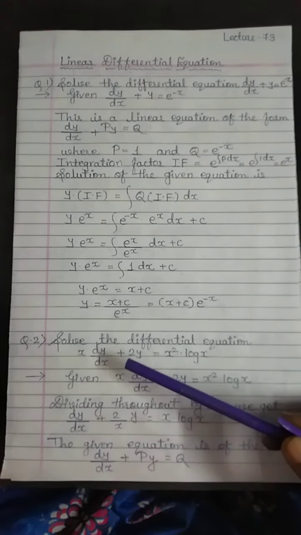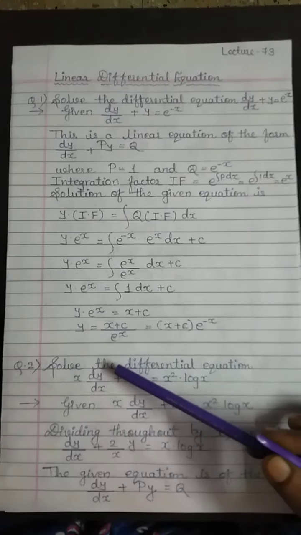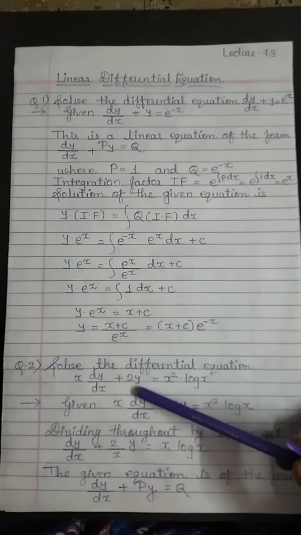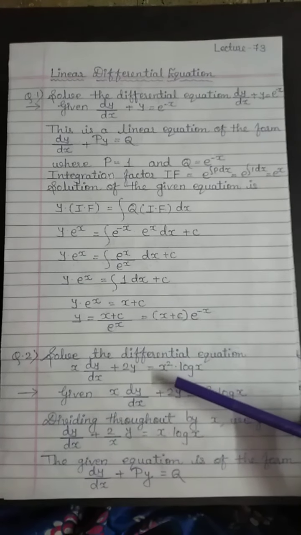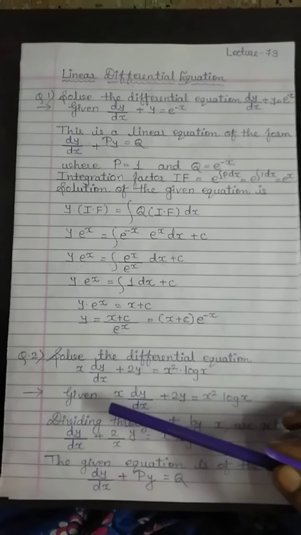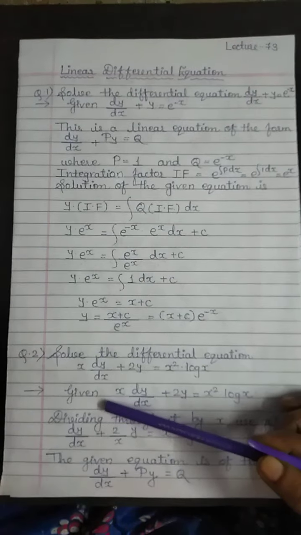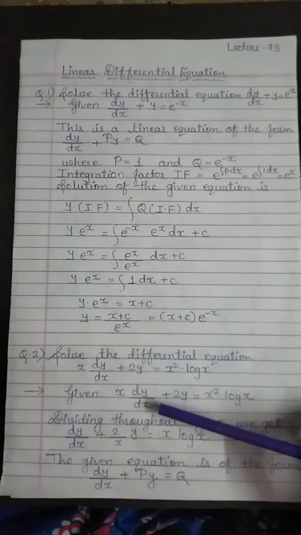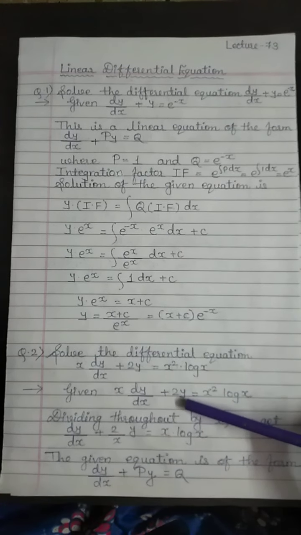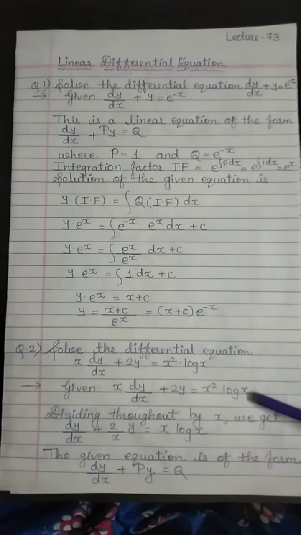Now question number 2. Solve the differential equation x into dy by dx plus 2y is equal to x square into log x. Now here we are going to consider the given differential equation. So given x into dy by dx plus 2y is equal to x square into log x.